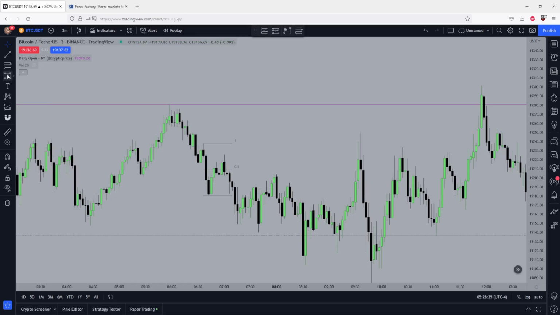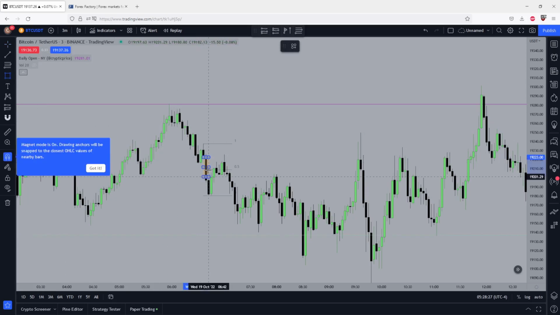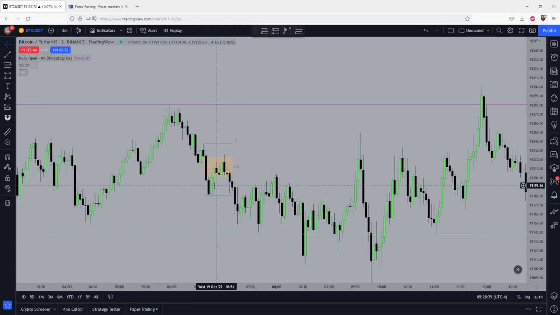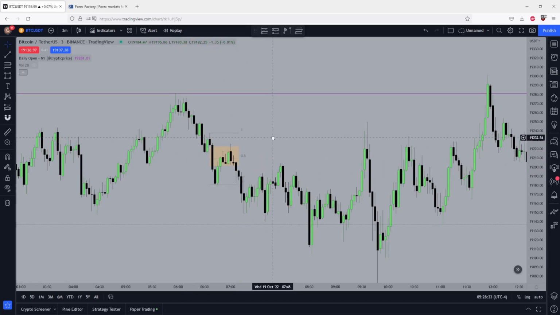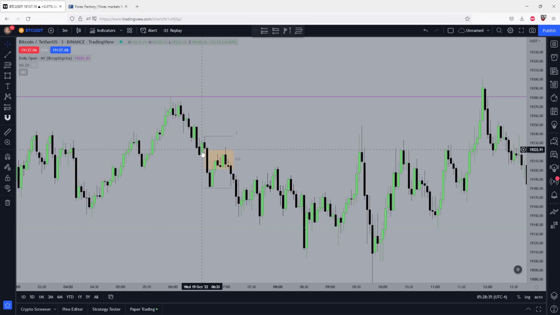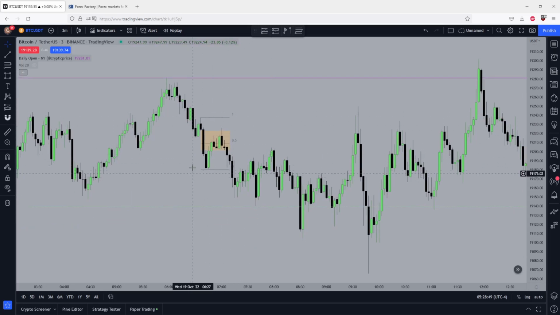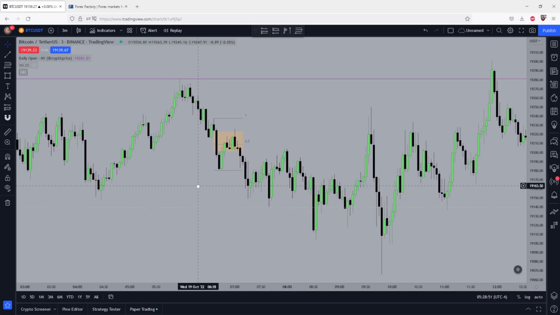Big down candle, leaving behind a fair value gap, and then price pushes back up, reaches into the fair value gap, fully reprices it, touches this up close candle, which is the order block. Again, you can see the bodies of these candles respect this candle beautifully, and then price starts to sell off again.